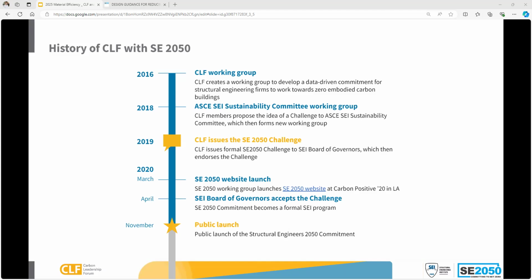And then in 2019, CLF officially issued the SE2050 challenge. And the SEI Board of Governors accepted that challenge in April 2020, leading to the final public launch in November 2020. So it was a little bit of a journey there. And it's just been so impressive to see the work that you'll hear a bit more about today in terms of resources and other work that they've been doing since then.